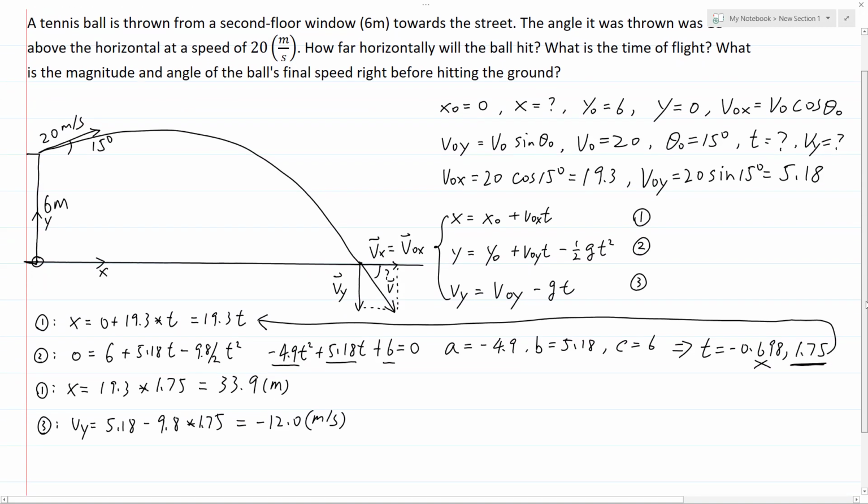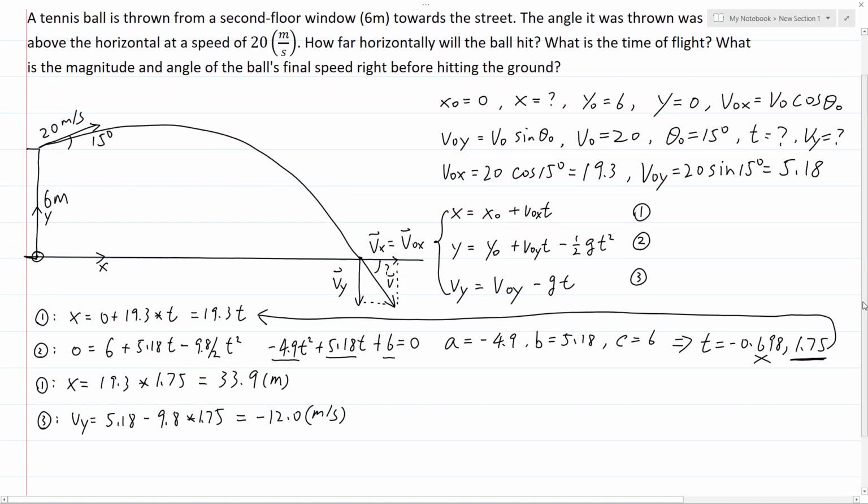So let's move down a little bit. We should have enough space. So V should be equal to the square root of Vx squared plus Vy squared, which is the same as V initial x squared plus Vy squared. So Vx squared is V initial x squared, which is 19.3 squared.